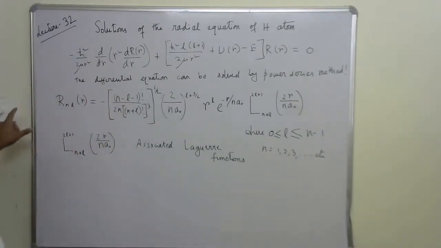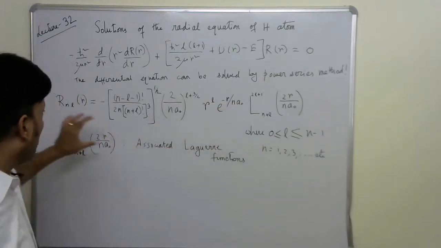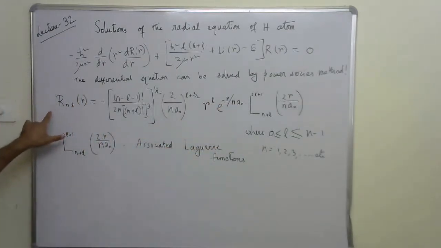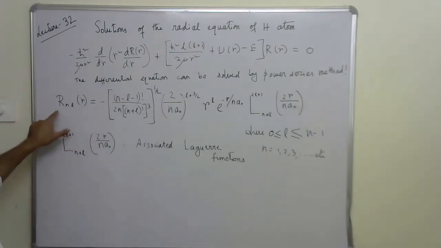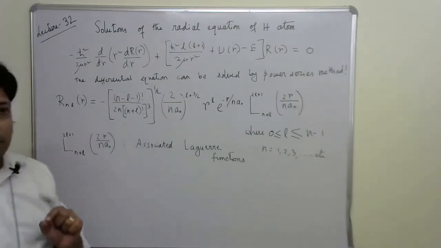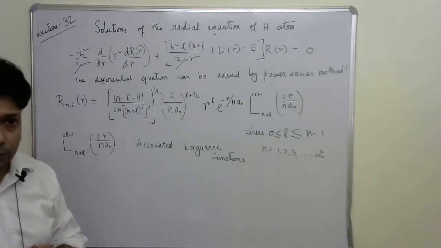So if someone solves this differential equation by power series method, we would get the solutions as R_nl(r). This is the radial part of the solution, and you see it is dependent on two quantum numbers. So now a new quantum number l is being introduced here.